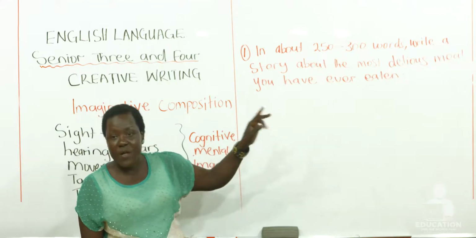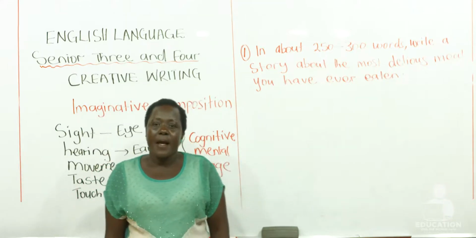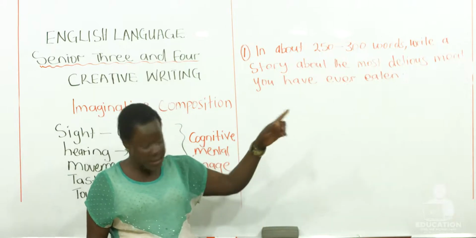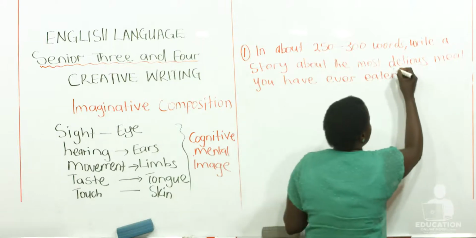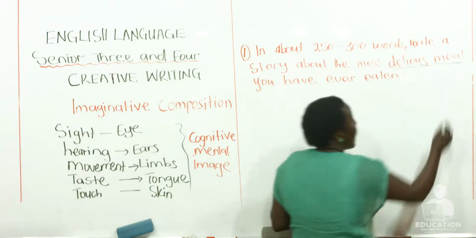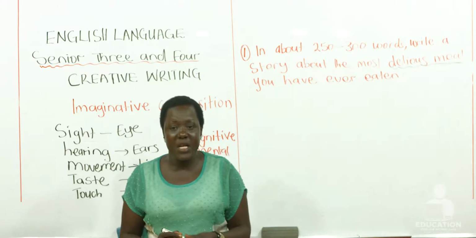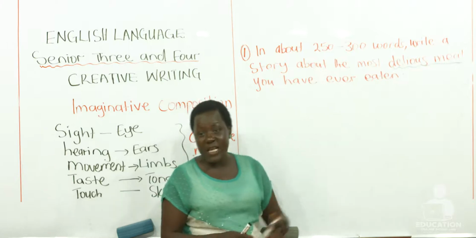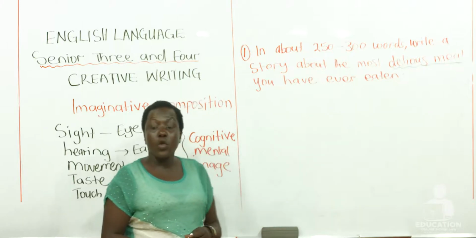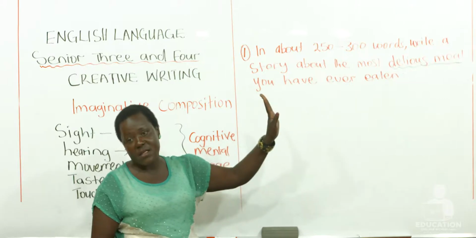Here, let us still go back to creativity. The meal in this case, you can even underline it, this delicious meal, can have greater meaning. Therefore, you should attach it to multiple meanings.